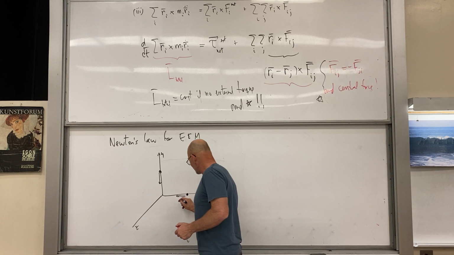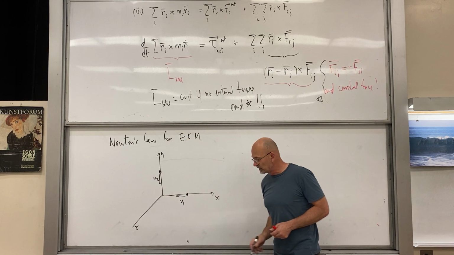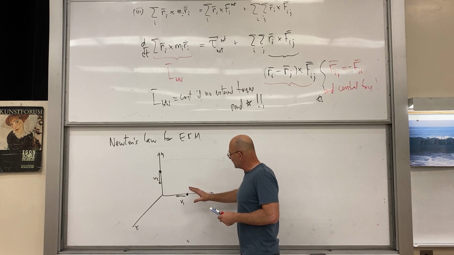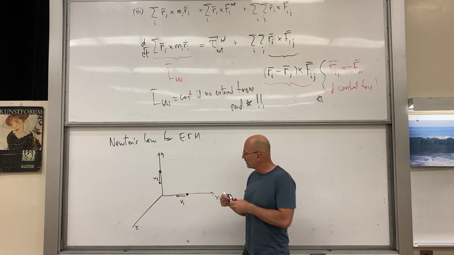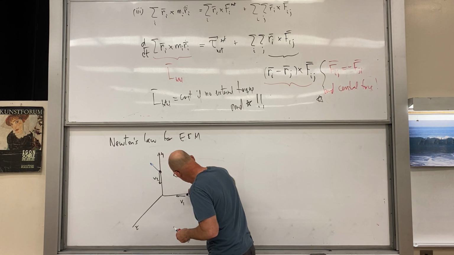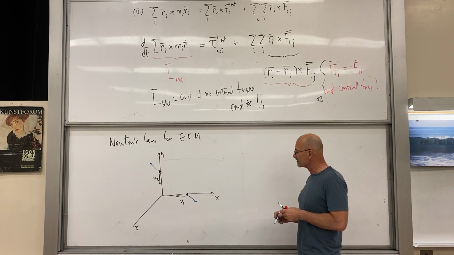So this is v1, this is v2, q1, q2, and there are going to be forces here. The electric force we can think of as being radial. So that's opposing each other, but there's also the magnetic force.